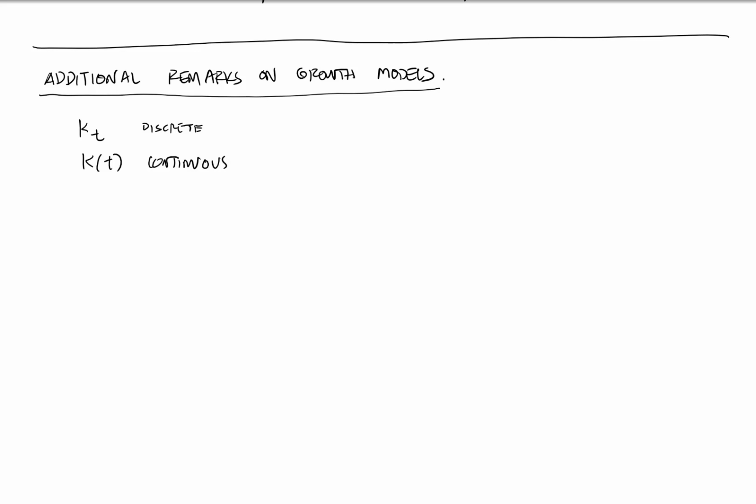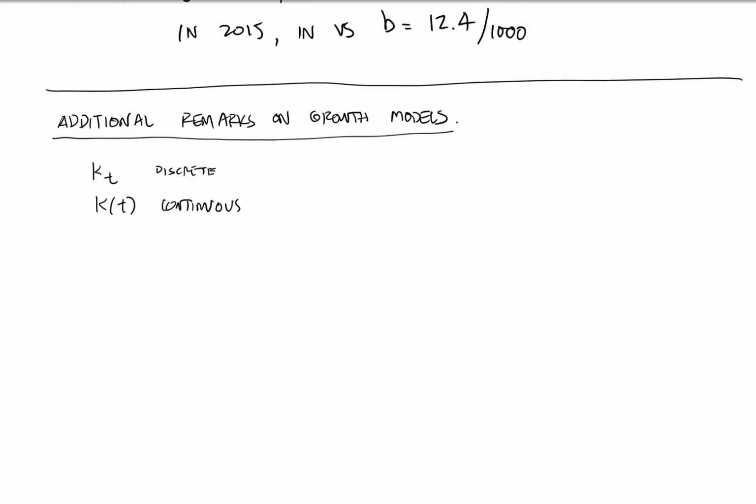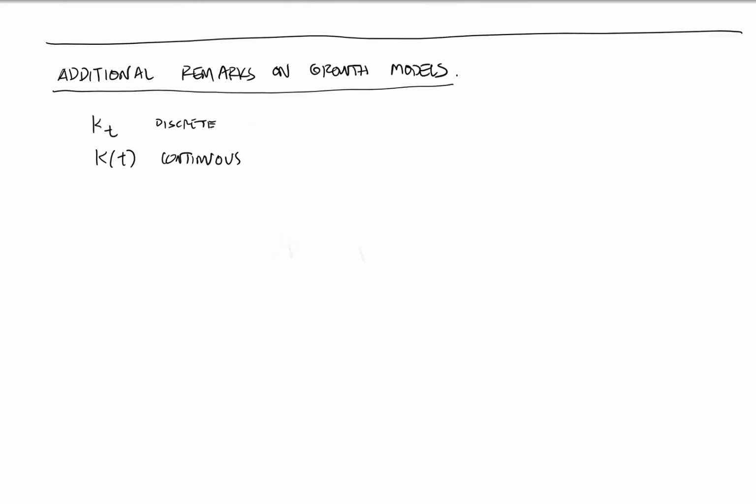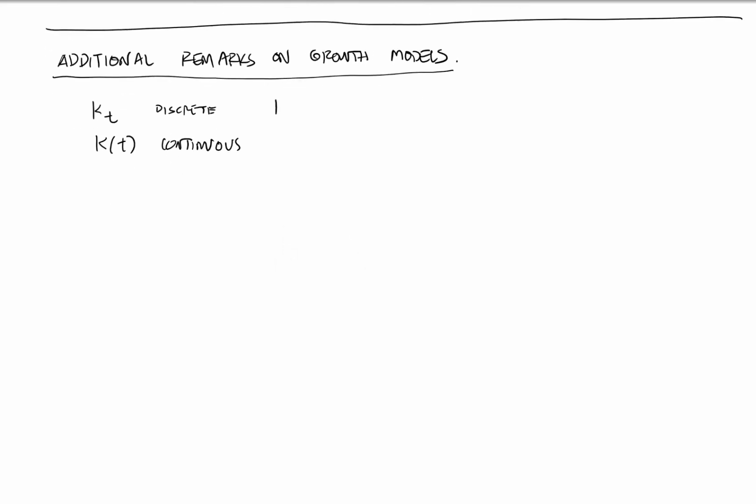And because we have this geometric growth model, and we have the exponential growth model, what I'll try to do is write the discrete model k_t equals k sub 0 times (1 plus r) to the t, and then I will use the continuous notation.